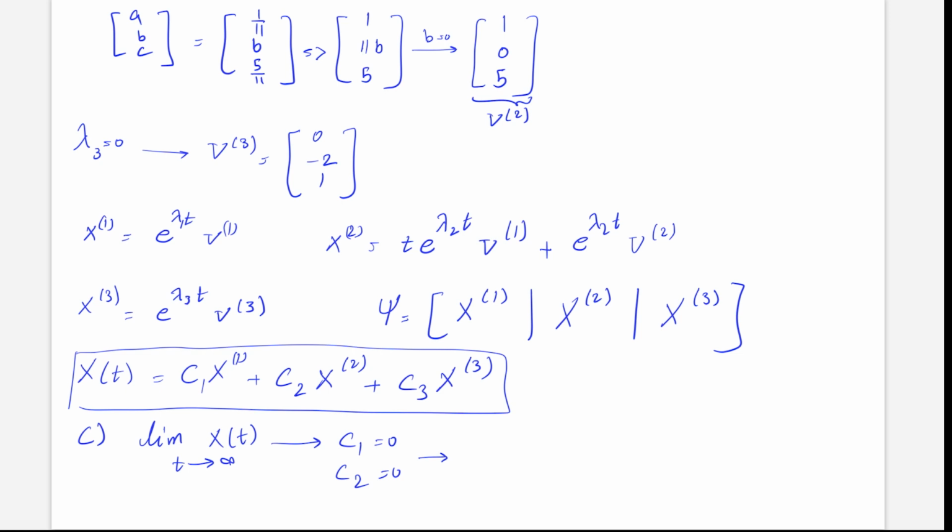So here x0 will be just the c3 term, times 0, minus 2, 1.